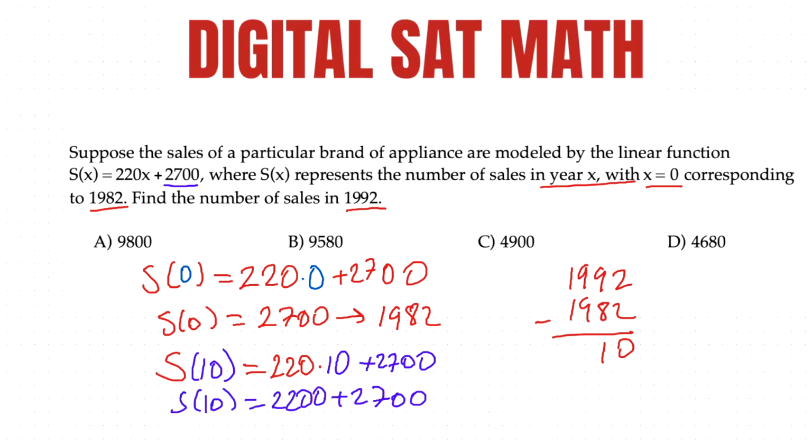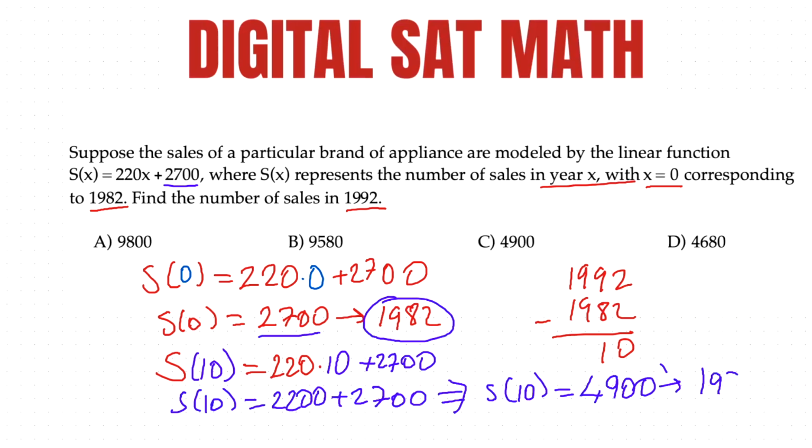If you add them, you will find the value of S of 10 as 4,900. So the sales number in 1982 was 2,700, but this is the sales number we have in 1992. So our final answer is 4,900.